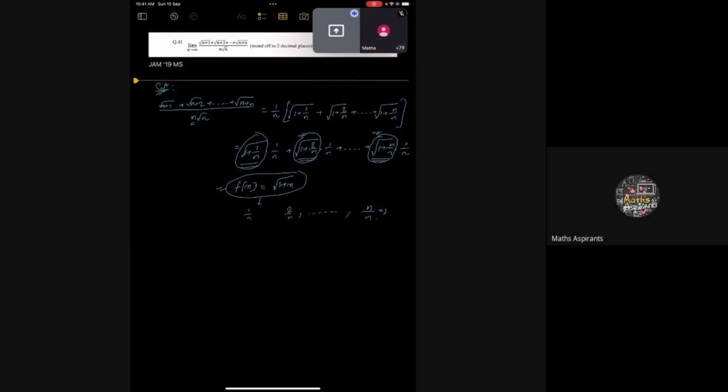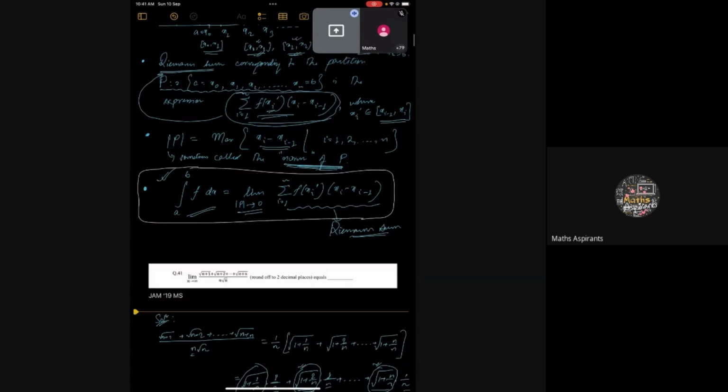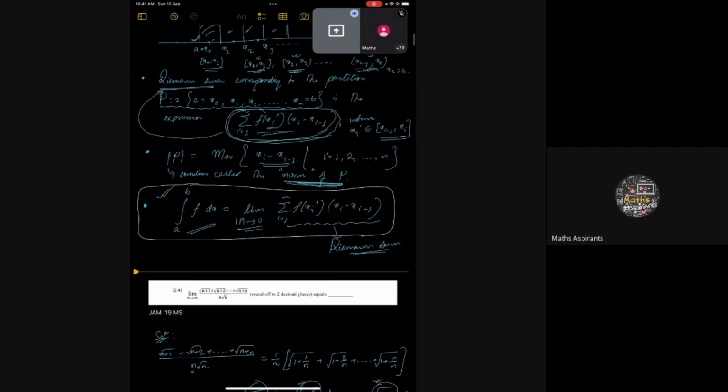And at the same time, each is multiplied by the term 1 by n. So if you compare to this expression, it's nothing but a Riemann sum. We have realized this as a Riemann sum.